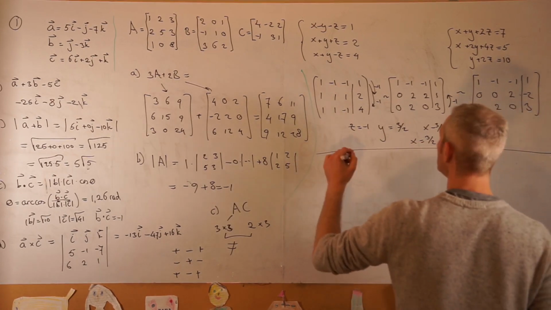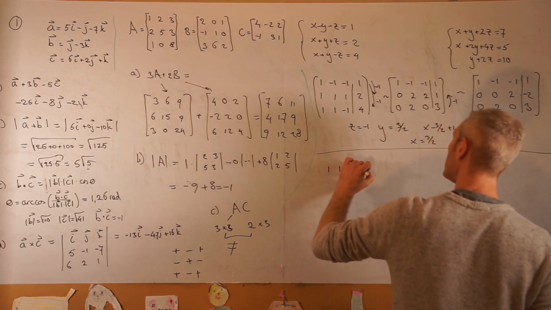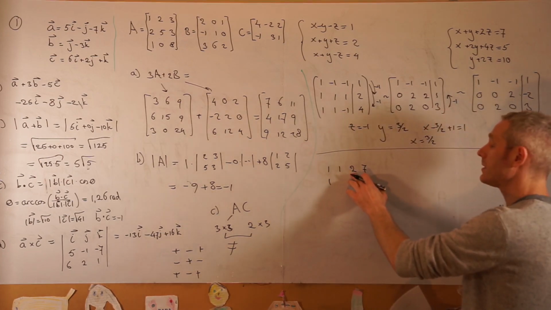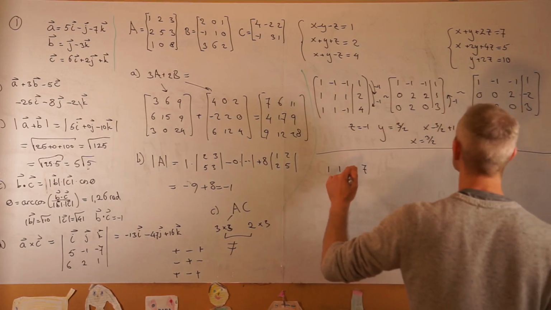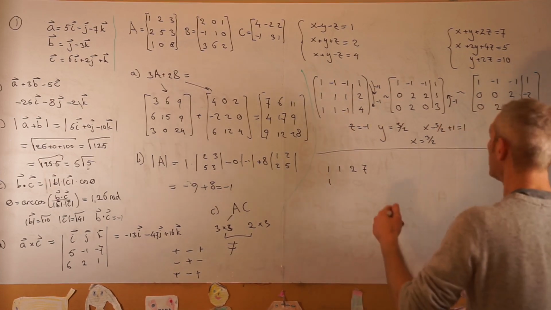The second one, we take the augmented matrix 1, 1, 2, 7. And I apologize, in the mock exam on Brightspace, this was a 1 and it should have been a 2. If you had a 1 there and you find a single point solution, you've done it right.